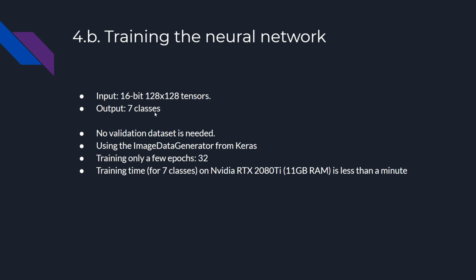As I said, the network that I showed here in practice is trained with 7 classes, so it can recognize 7 different objects. And while training, I didn't use any validation because with the camera I don't need any validation. What I did use is the image data generator from Keras. As I mentioned, Keras is the library used for the neural network, which comes with the image data generator.